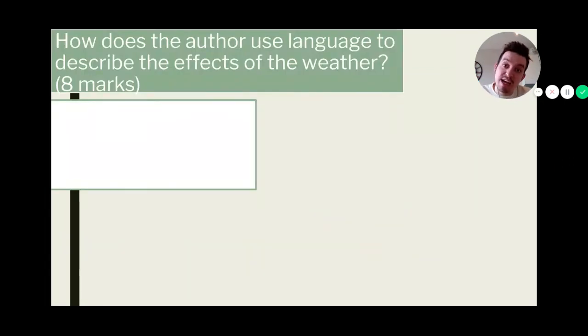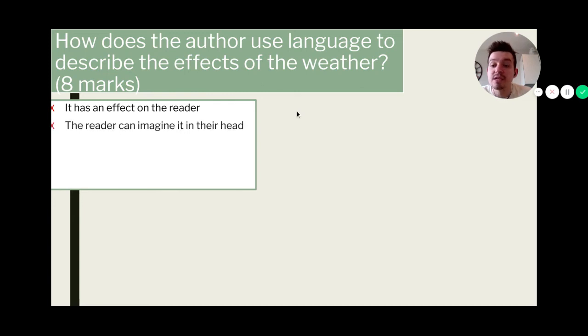What I'm going to show to you now, just before we finish off, are some phrases that you should absolutely avoid using, and some phrases that you should use in order to help you score at least those 4 marks. "It has an effect on the reader" is not a phrase that you should use because every piece of language will have an effect on the reader, so it means nothing. Similarly, "the reader can imagine it in their head" or anything like that, "can conjure a picture."